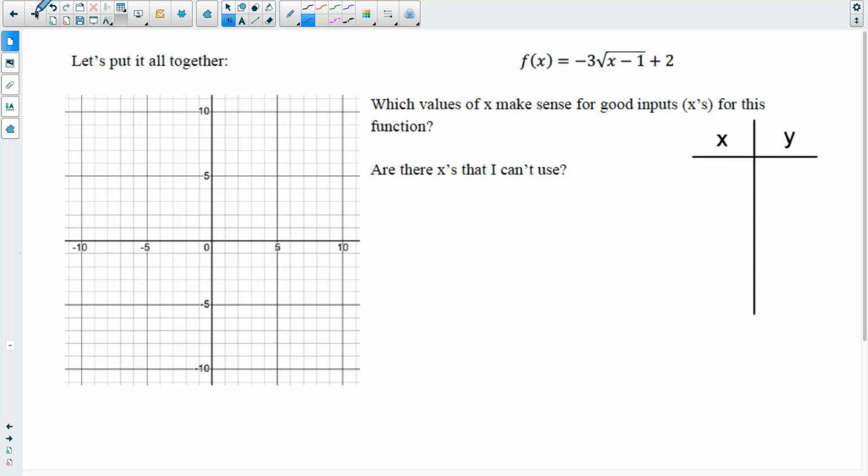Putting it all together. Before we actually do the problem, let's dissect it a little bit. My starting point, it's not going to be at 0, 0. It's going to be up 2. And how far to the right or left? There.